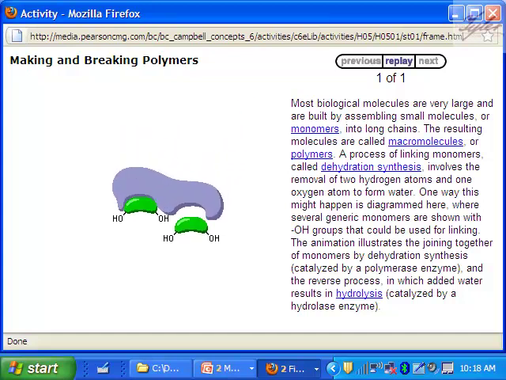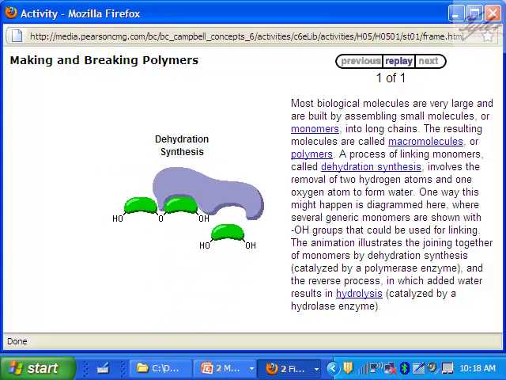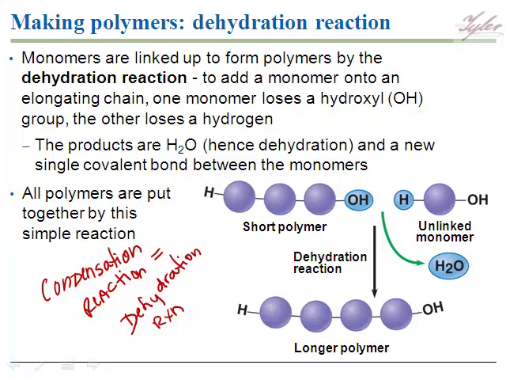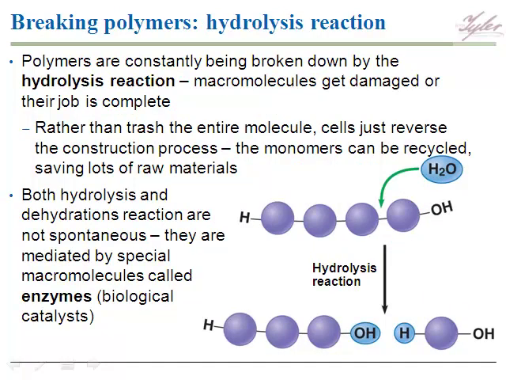A process of linking monomers, called dehydration synthesis, involves the removal of 2 hydrogen atoms and 1 oxygen atom to form water. One way this might happen is diagrammed here, where several generic monomers are shown with OH groups that could be used for linking. The animation illustrates the joining together of monomers by dehydration. Now again, that's dehydration synthesis, and that's at your textbook website. So it's a good thing to go watch.